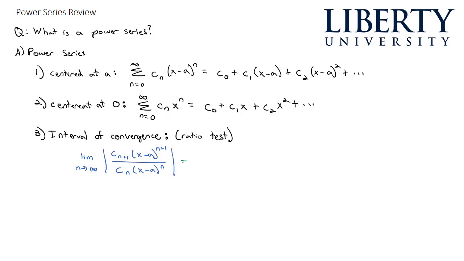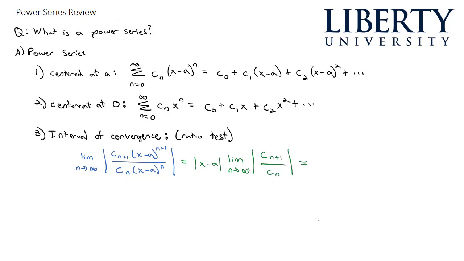Well, what's nice about this is we can simplify by reducing the (x minus a)'s. The n plus 1 minus n means it's just going to be x minus a, which is not dependent on our variable n, so that can come out. So we get the absolute value of x minus a times the limit as n goes to infinity of whatever the next constant is divided by the current constant.